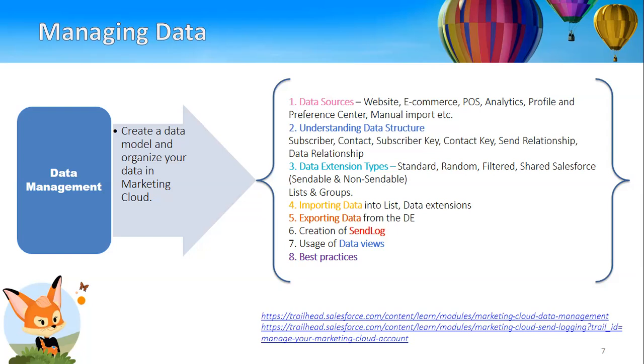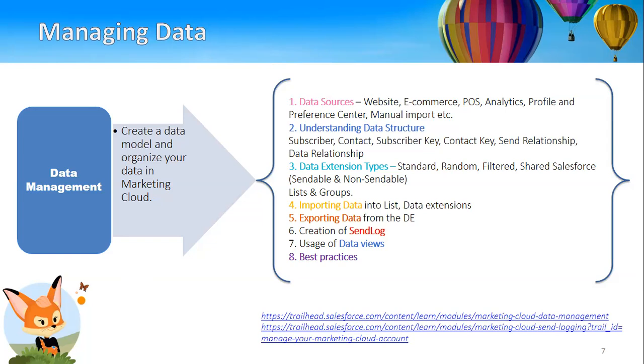We have a standard set of data views available, and they are in the help documentation. You can go to the Salesforce help doc, click data views, and you'll get more details on it. The standard table structure is also available, like what fields you need to look into.